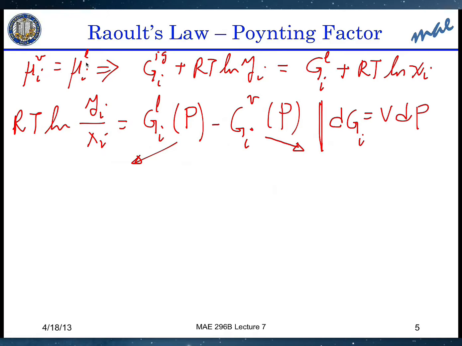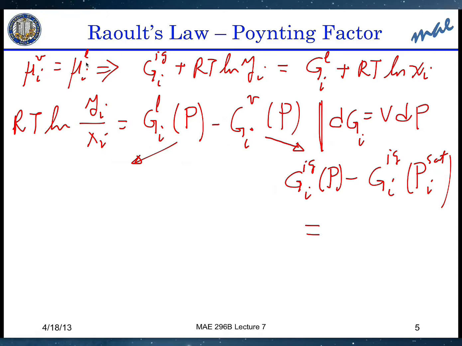So for the vapor, we did it before, and that gives me Gi ideal gas at P minus Gi ideal gas at Pi sat. That difference on the left side is equal to the integration of the right hand side, which is now RT ln of P over Pi sat.